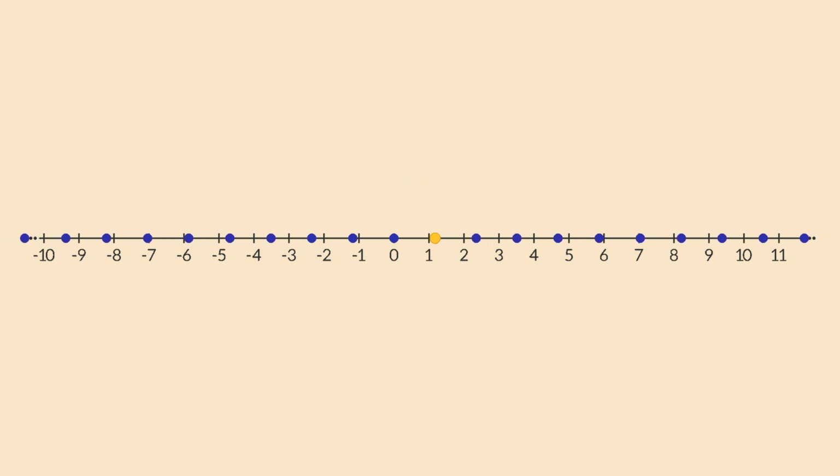Similarly, multiplication by 3 stretches everything 3 times farther from the origin, and so on. We can also multiply by 1/2, which is the same as dividing by 2. This time the real number line shrinks, because every point moves closer to the origin. 0 itself stays in place, just like before.